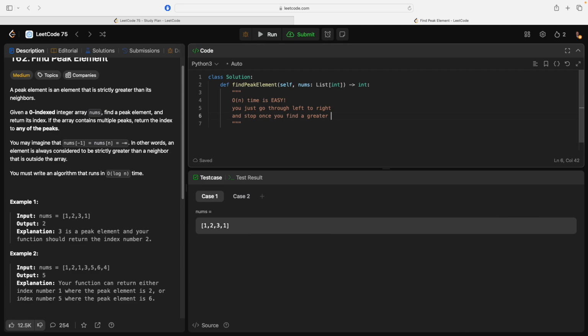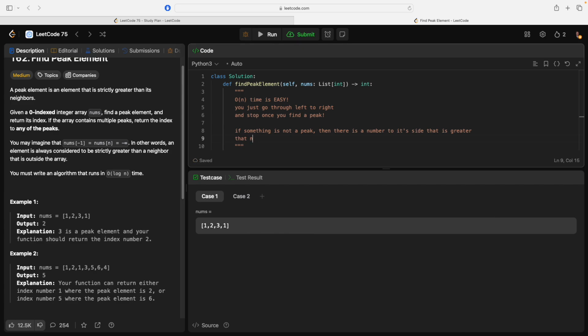I think I got it. You go through left to right and stop once you find a peak. But here we go. I think there's a simple truth to this. If something is not a peak, then there is a number to its side that is greater.